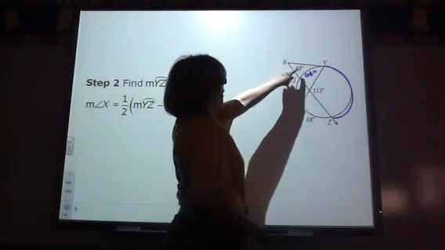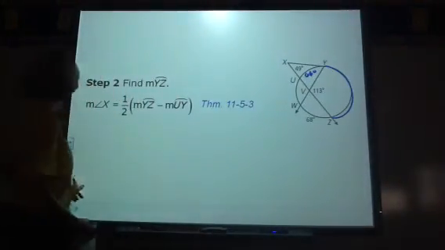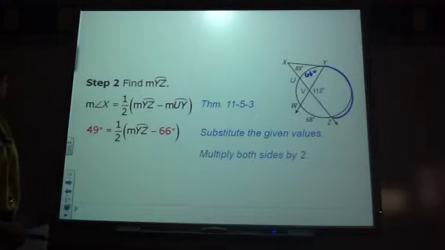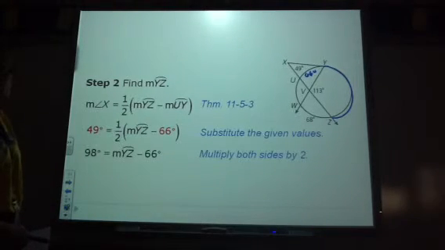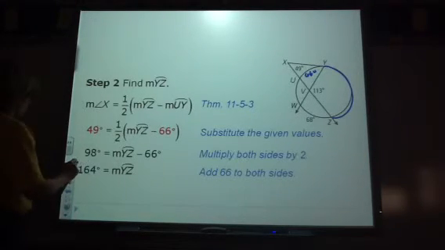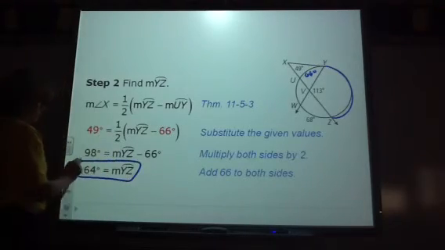Now we've got the exterior angle and one of the intercepted arcs, so substitute in. The measure of that missing arc is going to be 164 degrees.